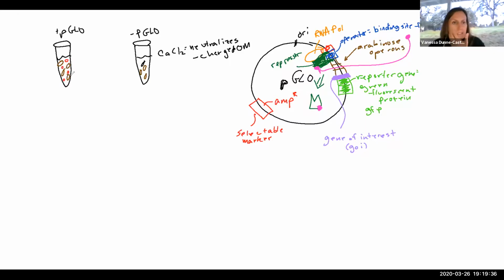Now, for transformation, we need to induce competency, or make these bacteria able to take this stuff up a lot more readily than they normally would. So that's where heat shocking came in. In the laboratory, you would put these on ice for 5 minutes, then put them into a 37-degree water bath. What that effectively does is shock open these bacterial cells so that they take in those plasmids from the environment.